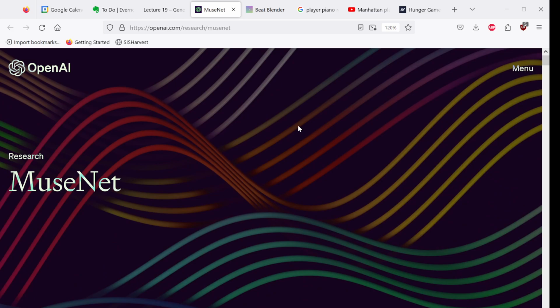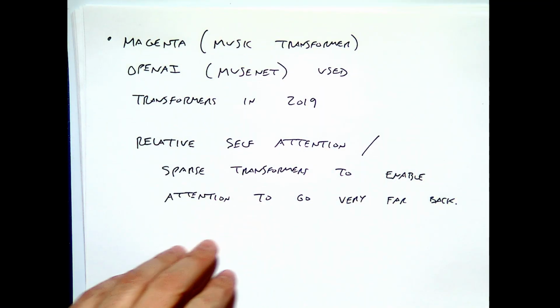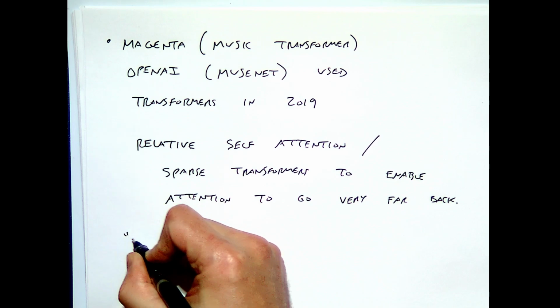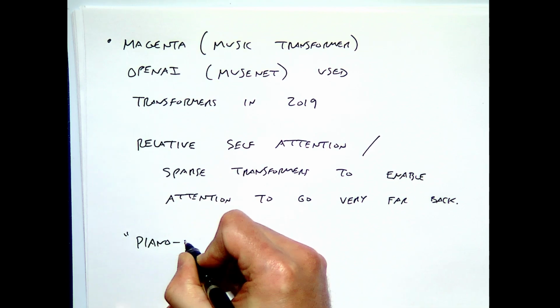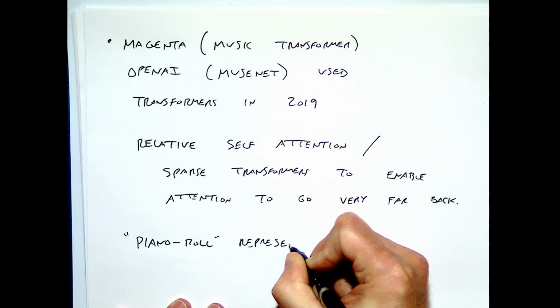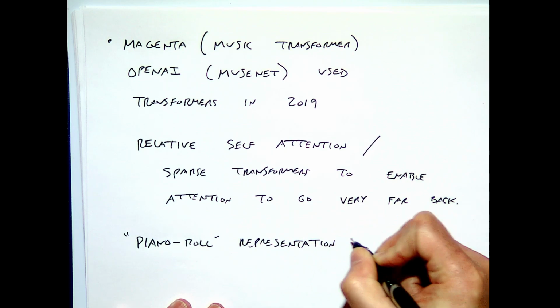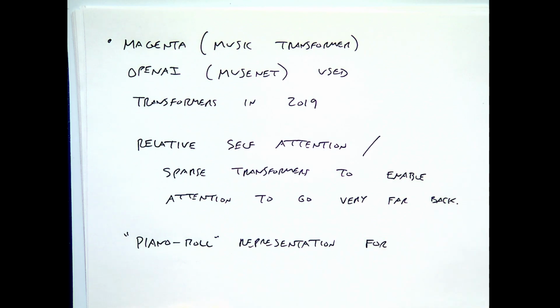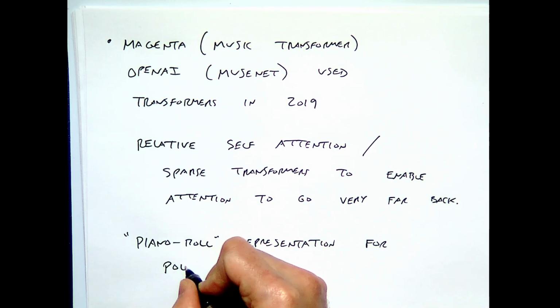And then let me just say on my piece of paper that a kind of piano roll representation for this kind of polyphonic music.